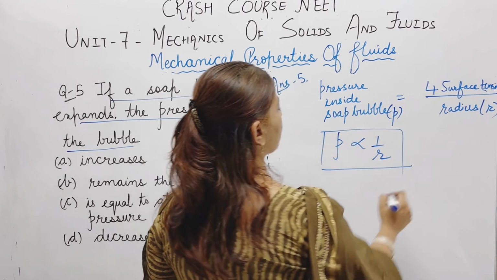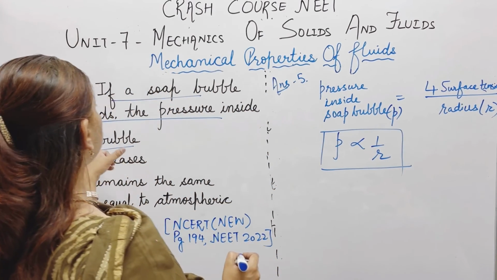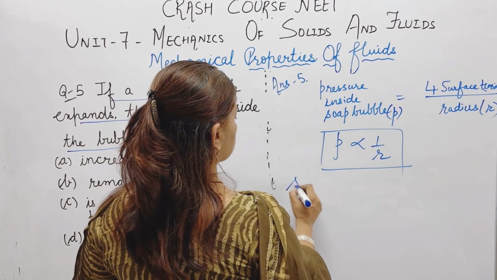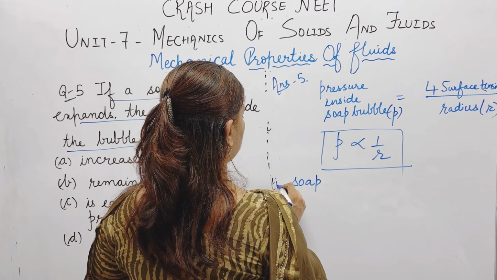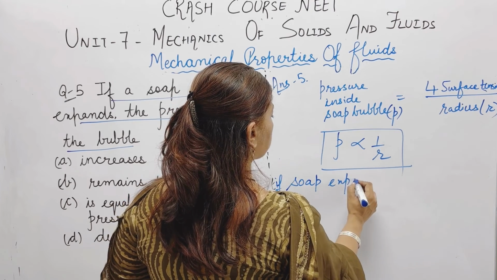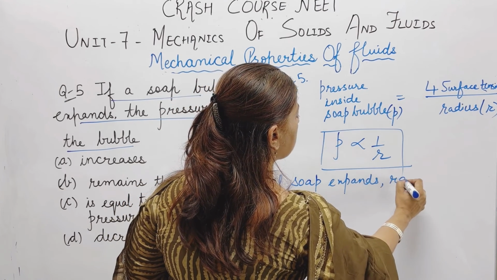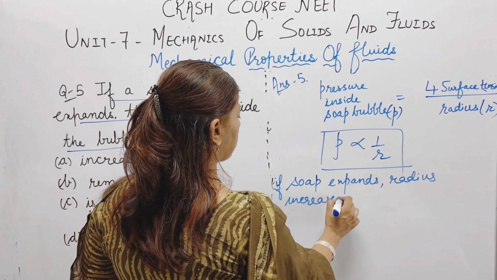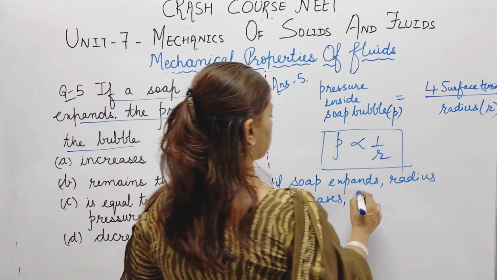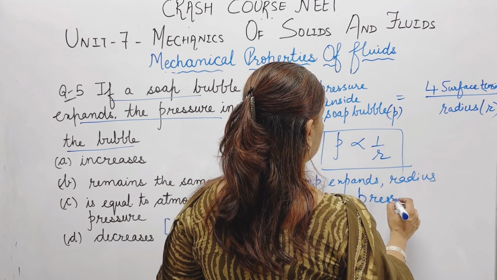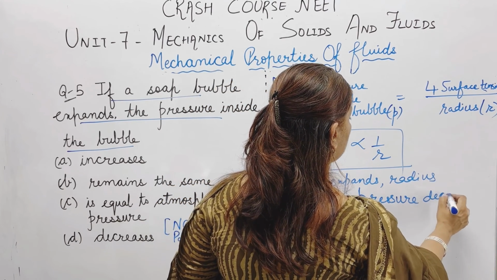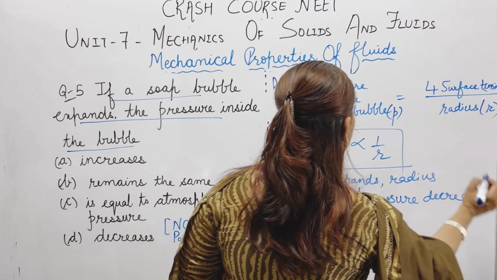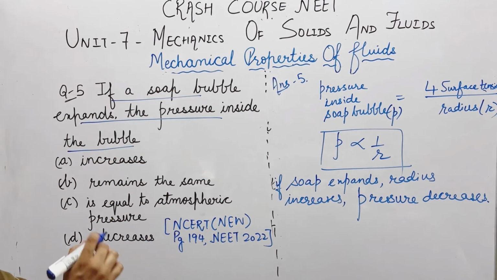It is an inverse proportionality. So if the soap bubble expands, radius increases, and if radius is increased, pressure will decrease. So the answer for this is option D, decreases. The answer for the fifth is D.